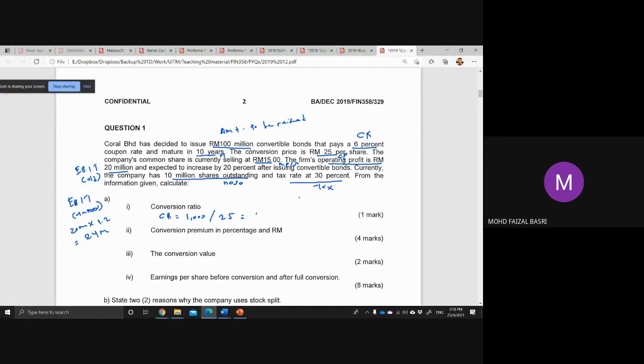So you're going to have a ratio of 40 times. So meaning one bond can convert into 40 shares. Okay, so next the question asks to find the conversion premium in percentage and conversion premium in ringgit.